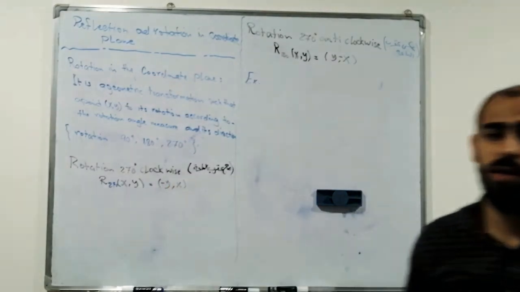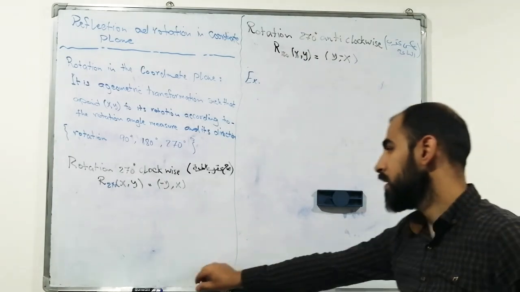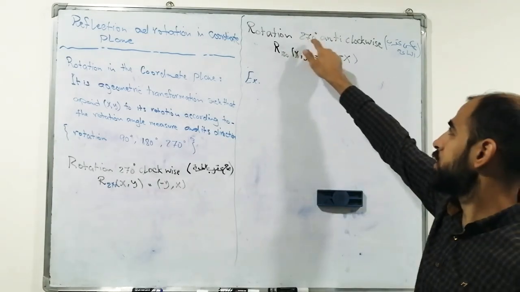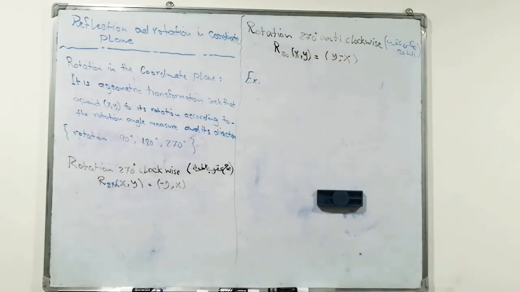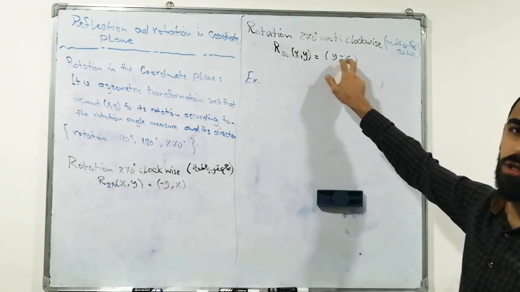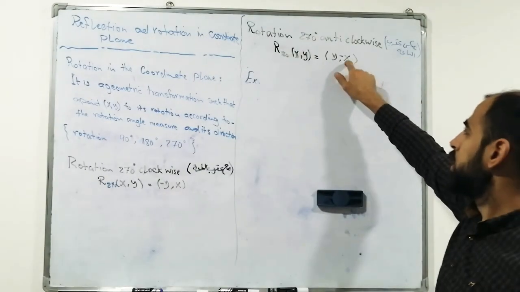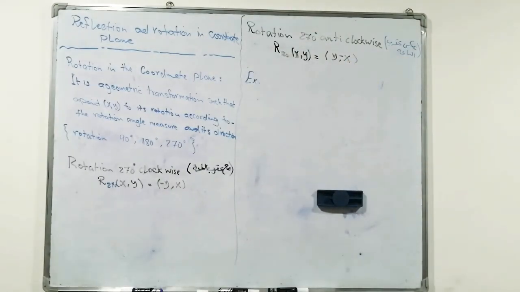And for the rotation 270 anti-clockwise, we also put y instead of x and x instead of y, but after this we change the sign of the second part.